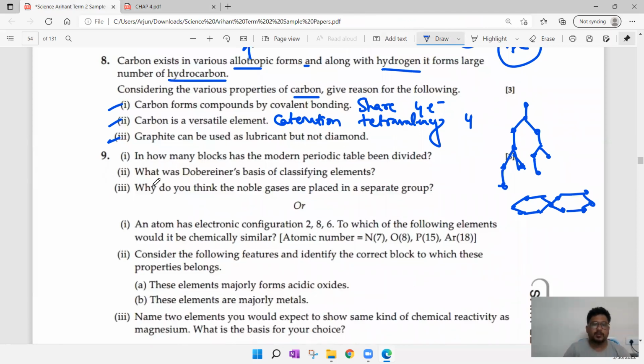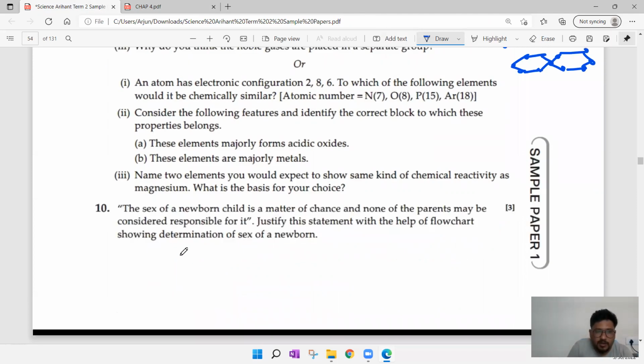Next question, ninth one. Into how many blocks has the modern periodic table been divided? What students will do is write, okay, I have 7 periods, 18 groups. Don't go with that answer. In 9th class we have discussed electronic configuration, I guess. And while coming to the modern periodic table, I'll draw the structure. This is just the outline of the modern periodic table.